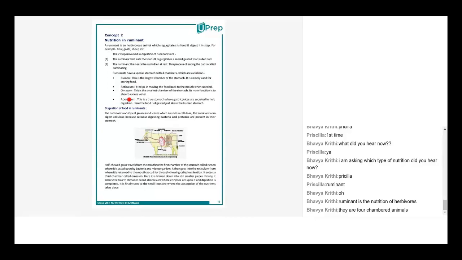For digesting, just like our saliva digests initially, even their saliva does it. The food is already semi-digested when it was in the reticulum. That regurgitates and comes back, and then it is chewed.